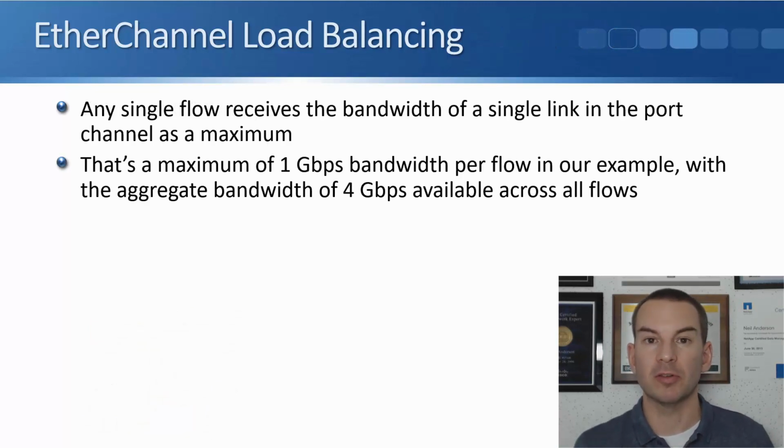Because a single flow always gets load balanced onto the same interface, any single flow receives the bandwidth of a single link in the port channel as its maximum. That's a maximum of 1 gigabit per second of bandwidth per flow in our example, where we were using 1 gig links between our switches, but there's an aggregate bandwidth of 4 gig across all available flows.